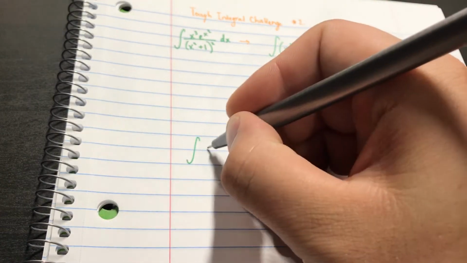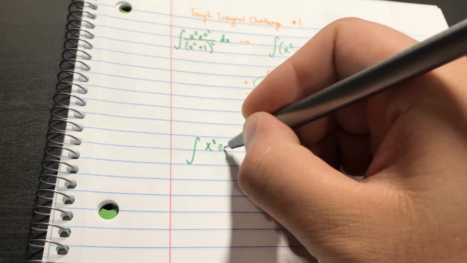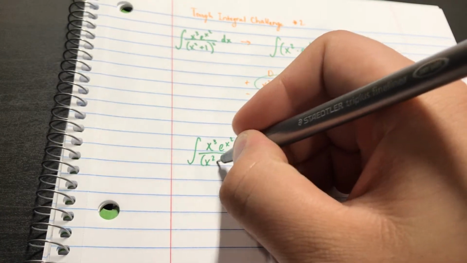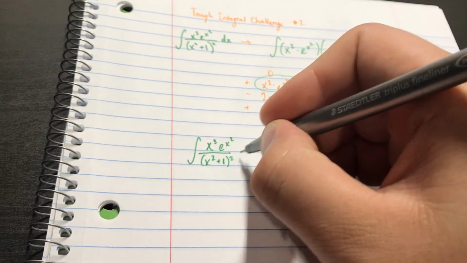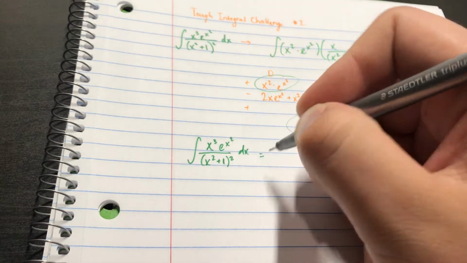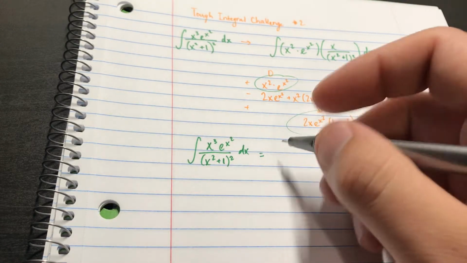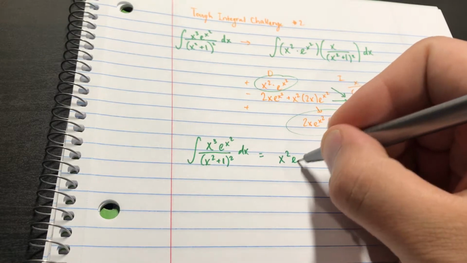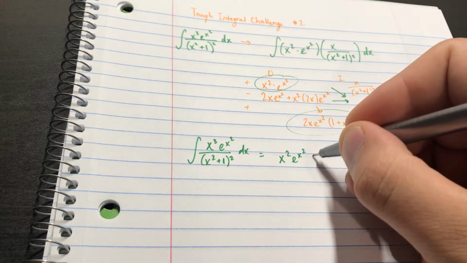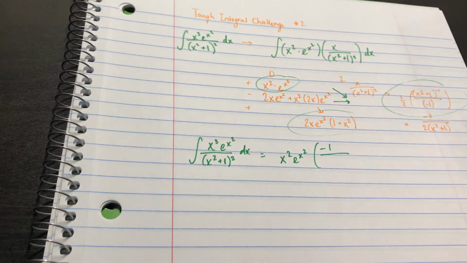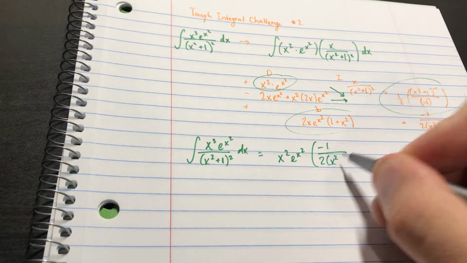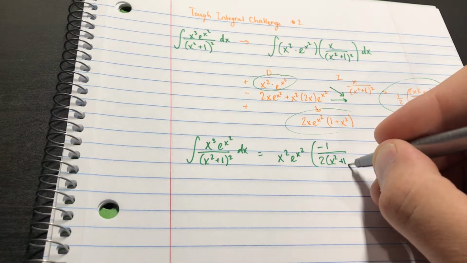So we have the integral of x cubed times e up to the x squared all over x squared plus 1 squared dx is equal to x squared times e up to the x squared times negative 1 times 2 times x squared plus 1.